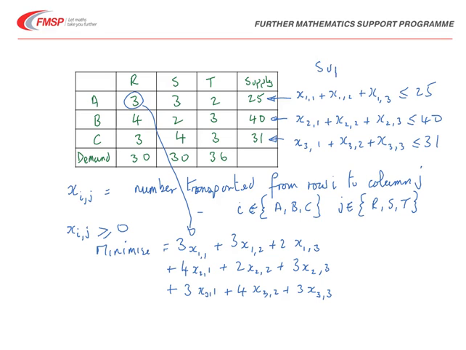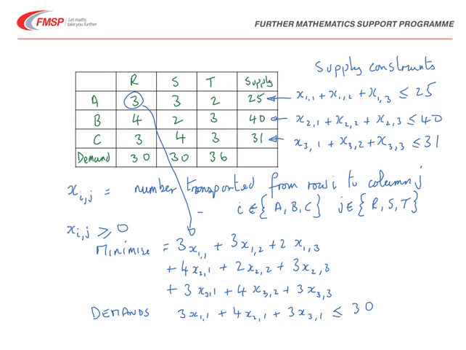Well, those were the supply constraints, and in a similar way we can look at the demand constraints. So the demands are looking at this time the columns, so that we have 3 x11 plus 4 x21 and 3 x31, that's less than or equal to 30.